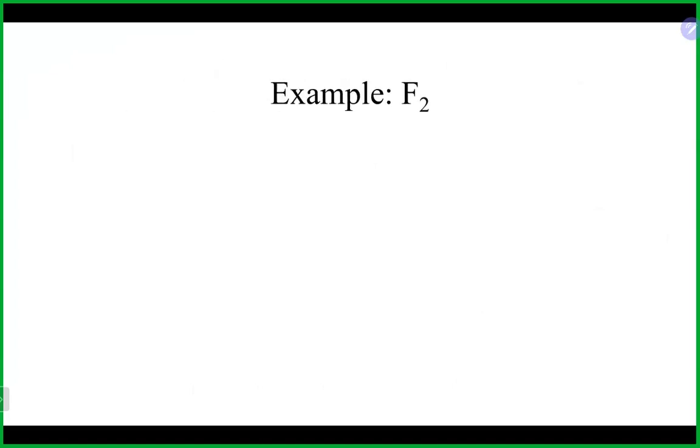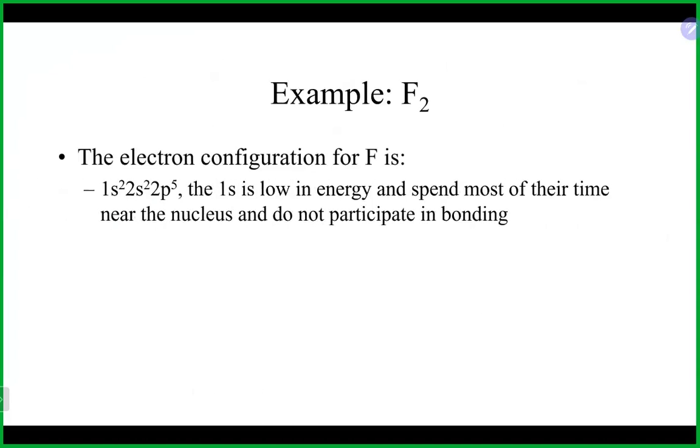Now, if we look at another example like fluorine, and as we saw with its electron configuration, we would have 7 valence electrons, as it is group 7 on the periodic table. Once again, because they're 2 nonmetals, and in this particular case also identical to each other, they are going to end up sharing those electrons rather than transferring.